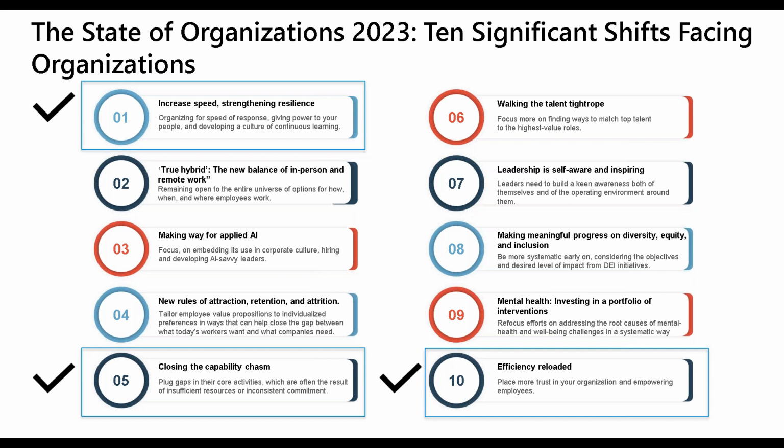So the first one addresses increasing speed, strengthening resilience. They talk about volatility in the environments that we're facing, and I think we can all speak to that in terms of how, on a dime, we're changing based on what's happening in our markets, in the world, and the need of the organization to have the ability to make changes and to adapt.